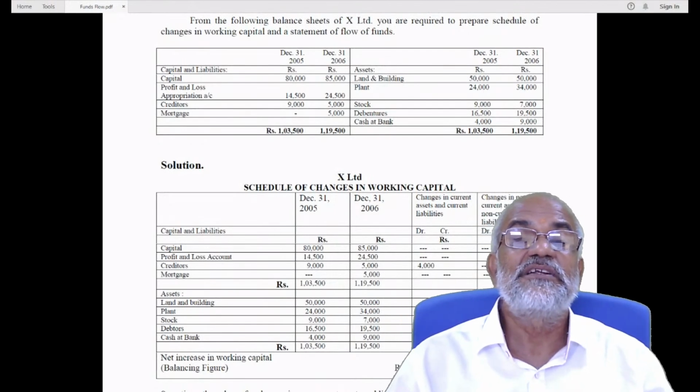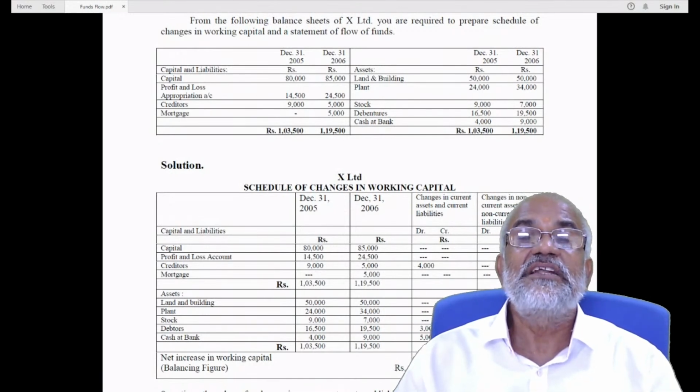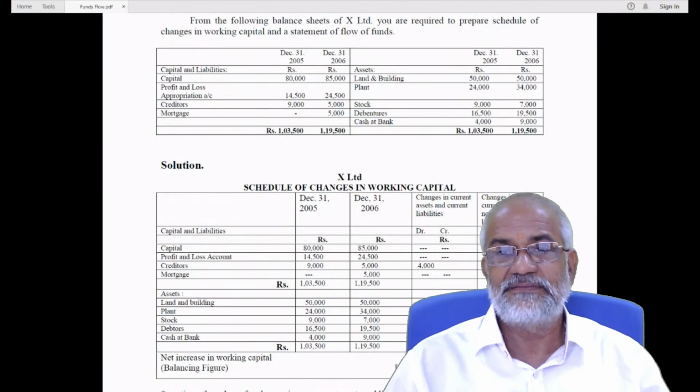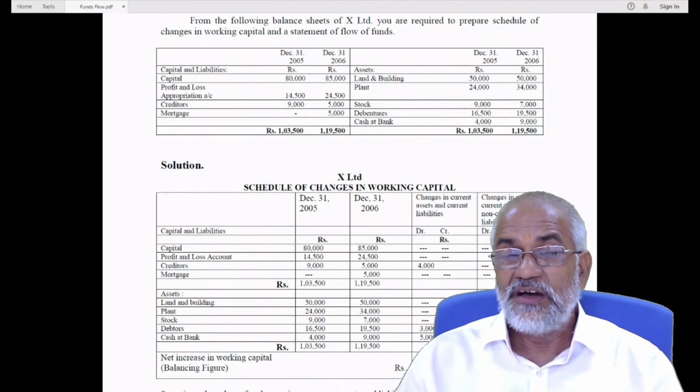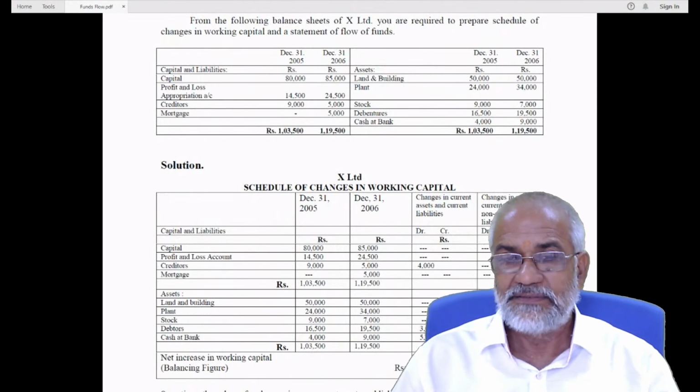The mortgage or the loan was nil as on 31st March 2005, and it has become 5,000 by 31st March 2006. This is about the liabilities of the balance sheet.